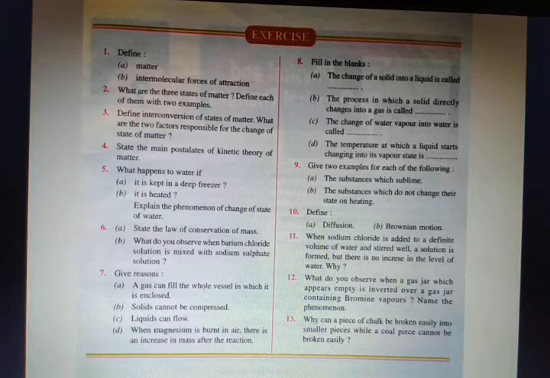I repeat, the force which exists between the particles or molecules of a matter, by which the particles are held together with each other, is called intermolecular force of attraction.